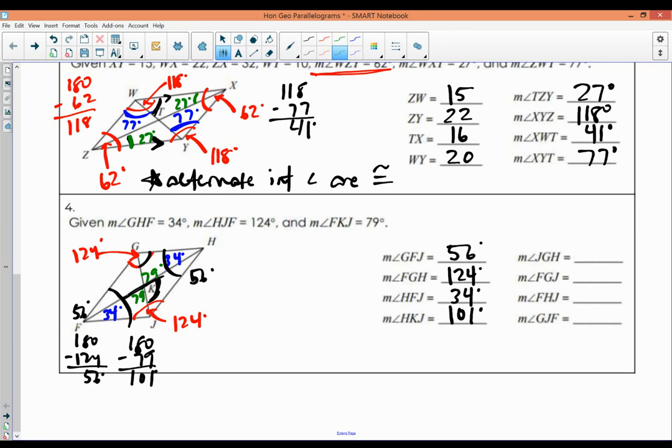So I just do 180 minus the sum of 79 and 34. And that gives me 67 degrees.